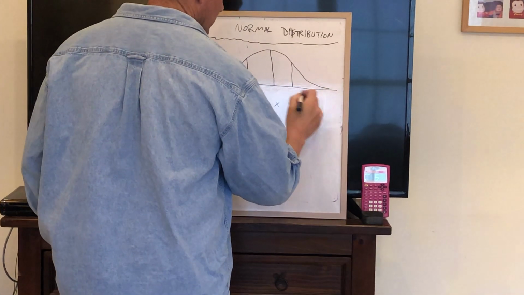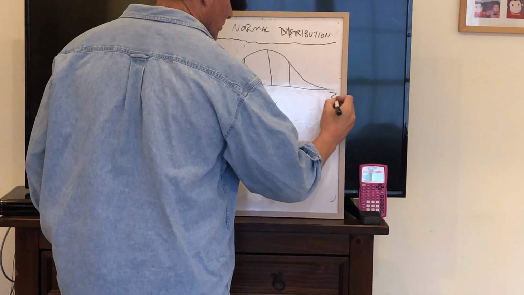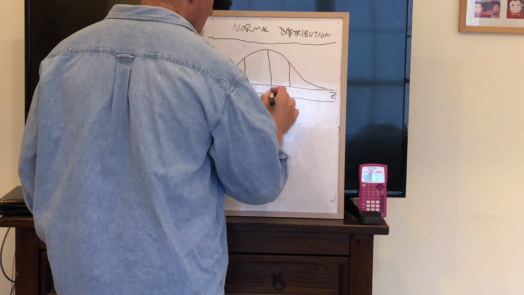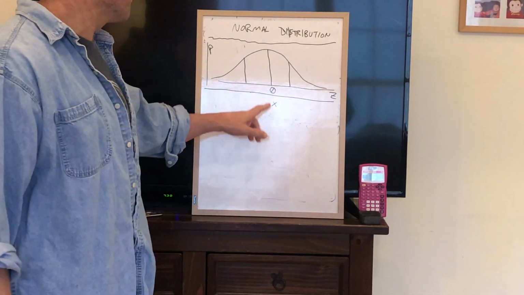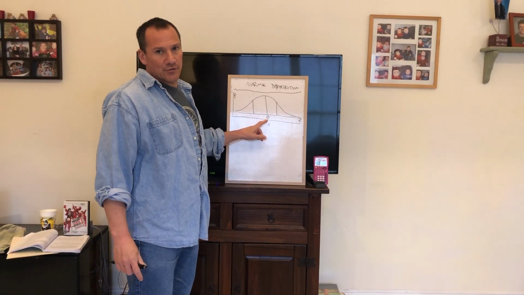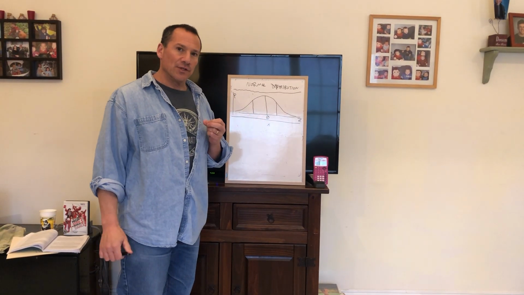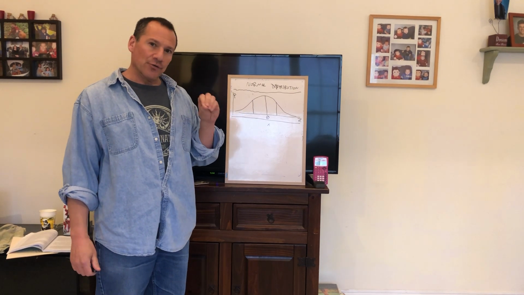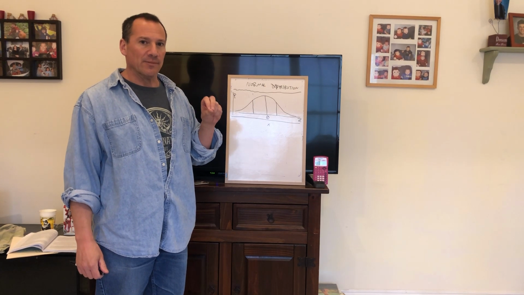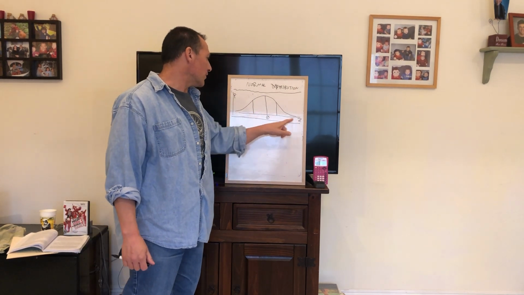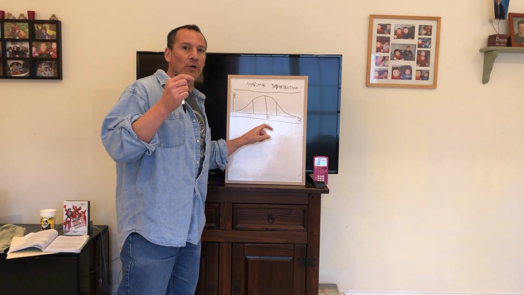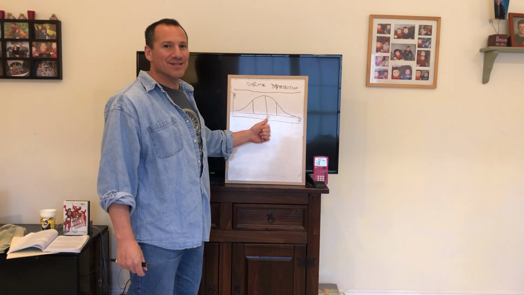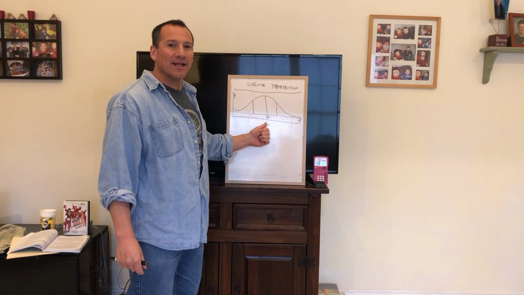Okay, right here, I'm gonna put this stuff in terms of z. I'm going to put a z of 0 right there. Remember, z of 0 means that it corresponds to a raw score that is 0 standard deviations from the mean. So a z of 0 means that the raw score is at the mean. So in a normal distribution, a z of 0 is right at the mean.